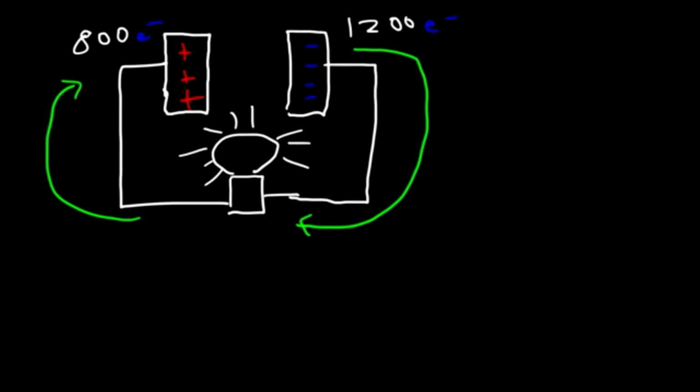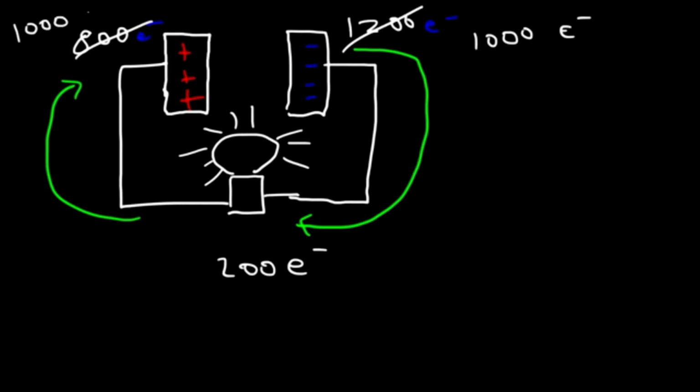Now, the capacitor will stop working when the number of electrons is equal on both sides. So once 200 electrons flow through the light bulb, this will now be 1,000, and this will increase by 200, so it's going to be 1,000 now. At that point, the two plates are neutralized.